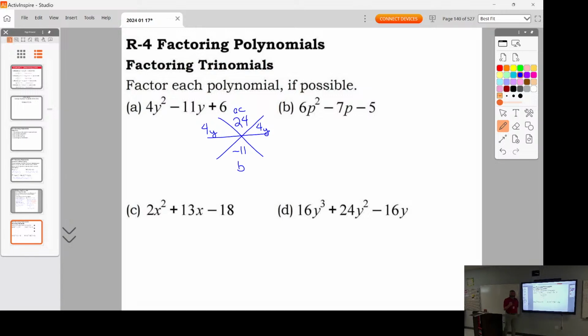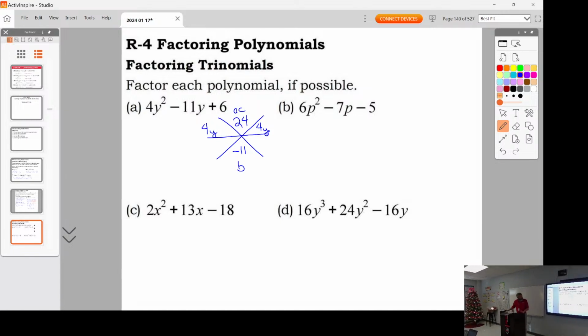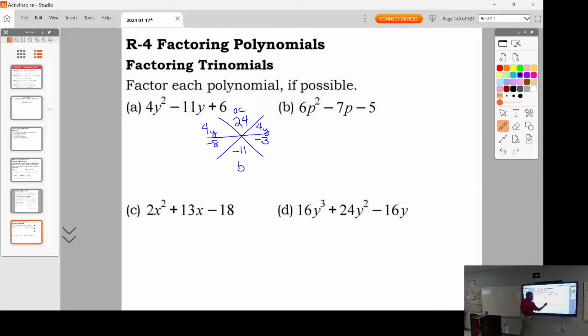And what goes in the last two wedges? And why did you choose negative 8 and negative 3? Right. So I need two numbers that multiply together to get 24, but add together to get negative 11. And those numbers are negative 8 and negative 3.